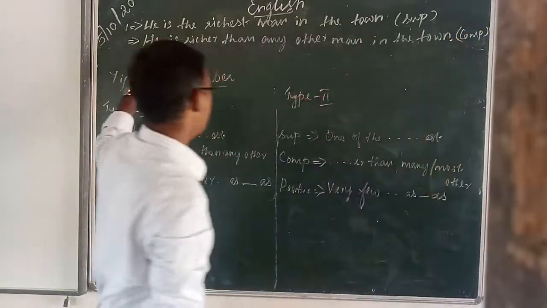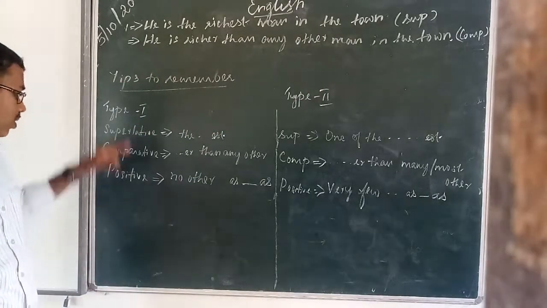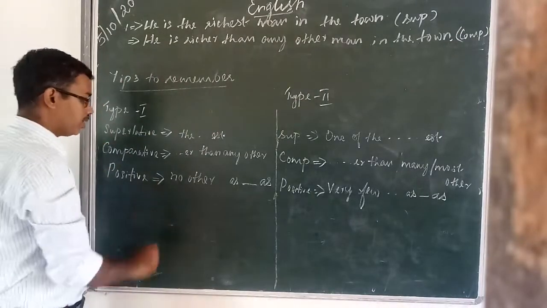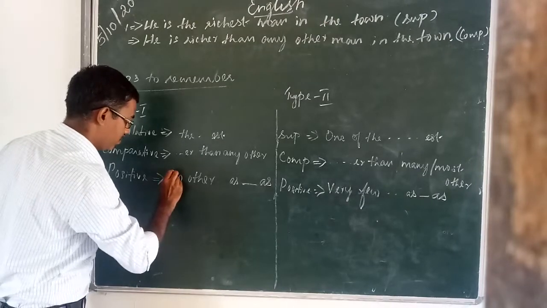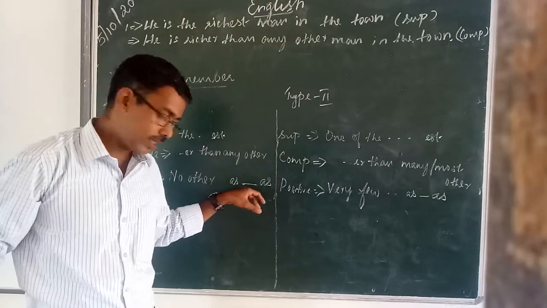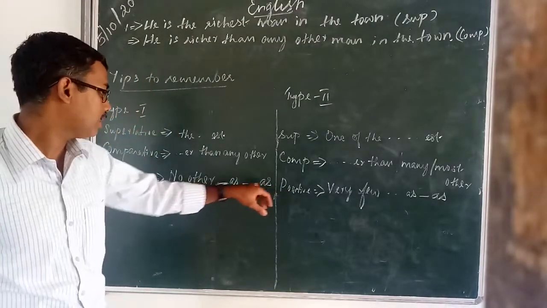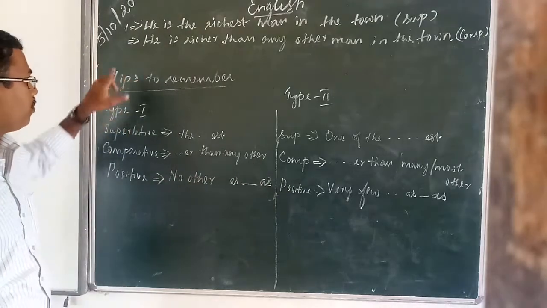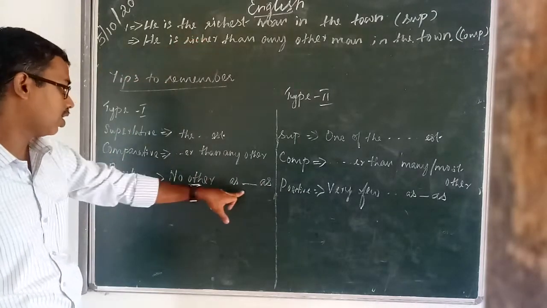Then how to write it in the positive degree? When you write in the positive degree, you have to use "no other... as". What is the positive degree for richest? Rich.